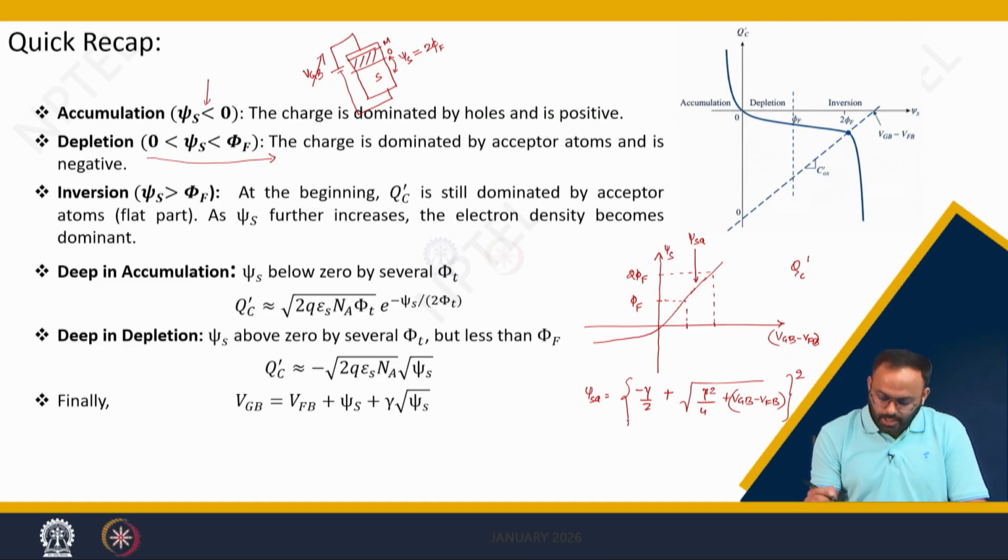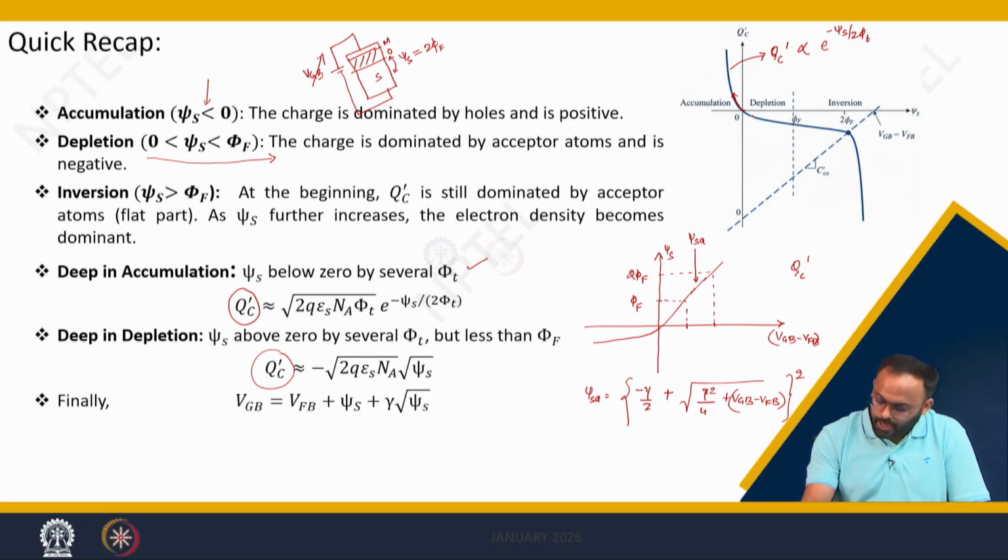Now we have already seen what the channel charge is in accumulation and in depletion. We considered two extreme cases, deep in accumulation and deep in depletion, to simplify our model framework. We found that QC dash has an exponential dependence on psi s, that is minus psi s divided by 2 phi t, and that is the reason we get an exponential rise when plotting QC dash with respect to psi s.